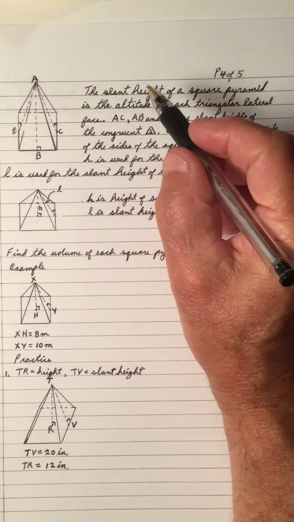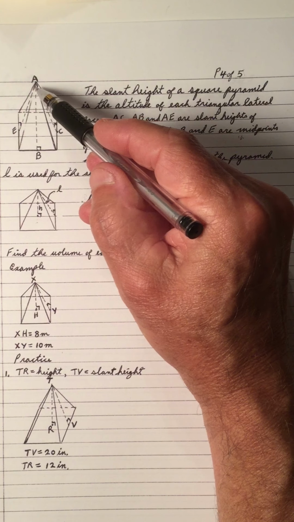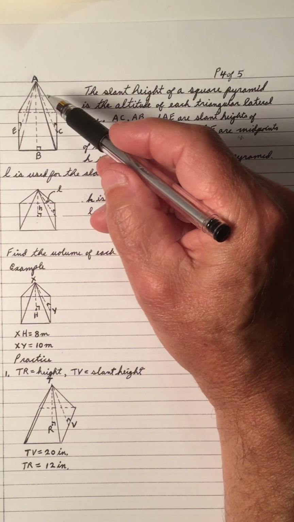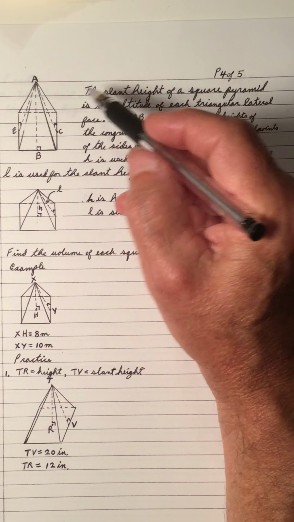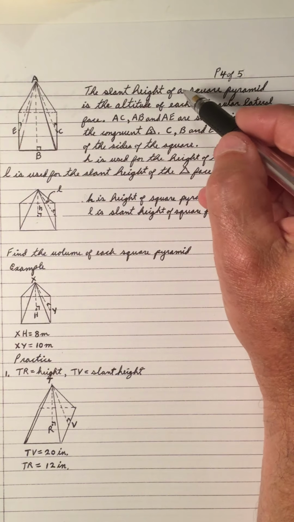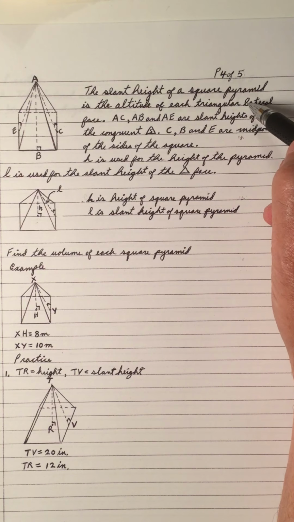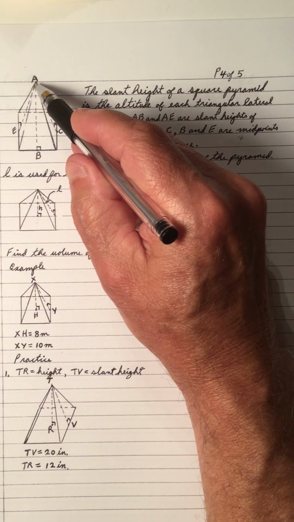Now we have a square pyramid, but this time I want to talk about it from a different point of view. In the square pyramid, a slant height of a square pyramid is the altitude of each of the lateral faces.